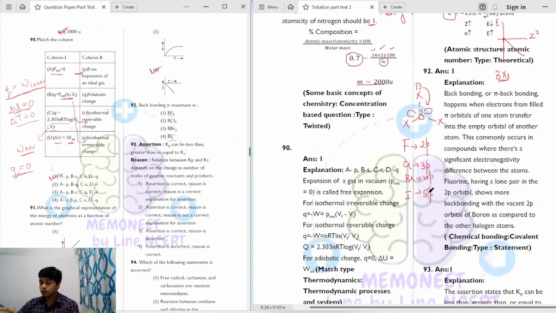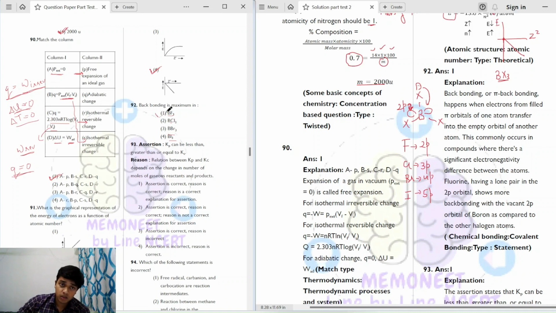So as we keep on moving down, we see the number of shells increasing, and that will decrease the compatibility with the vacant 2p orbital of boron. The vacant 2p orbital will be most compatible with the 2p orbital of fluorine. That means that back bonding will be maximum in case of BF3, because both the electron receiving empty orbital as well as the lone pair are present in the 2p orbital. Okay, so the correct answer will be option 1.